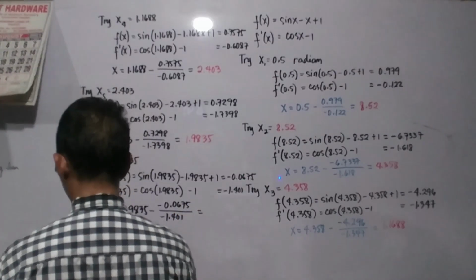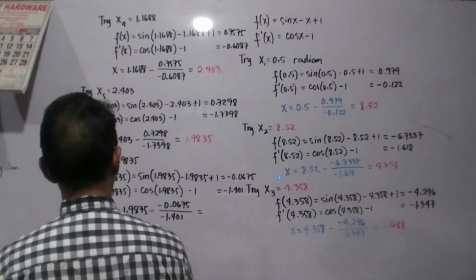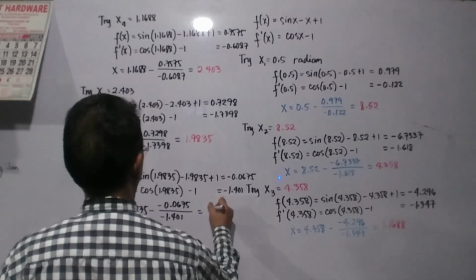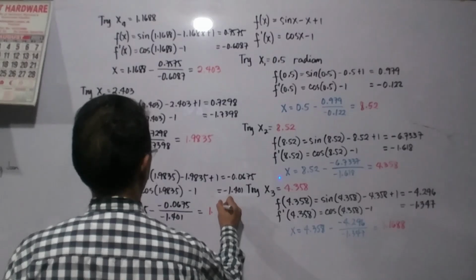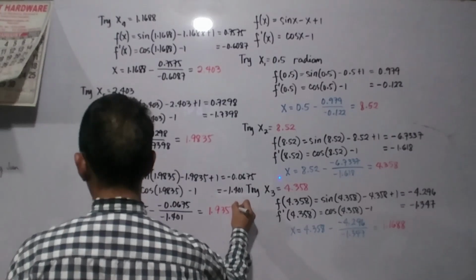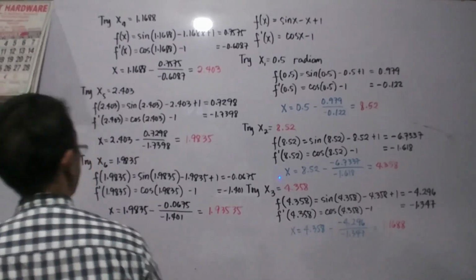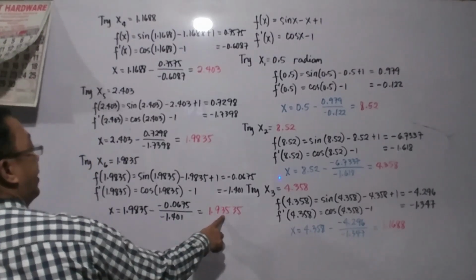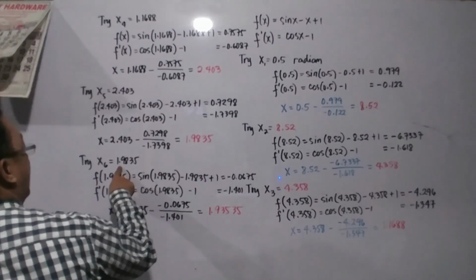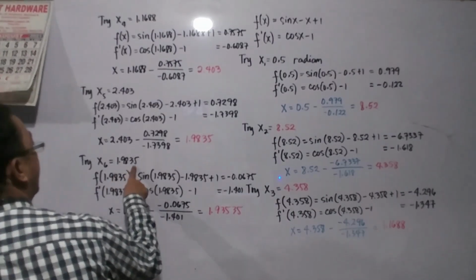So we have now 1.93535. So as you notice again, 1.93535 is not equal to 1.9835.